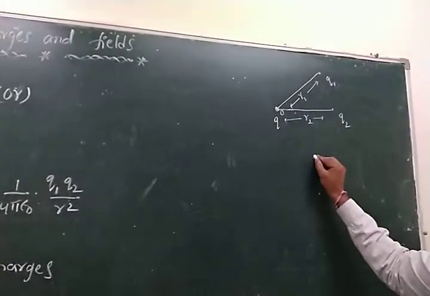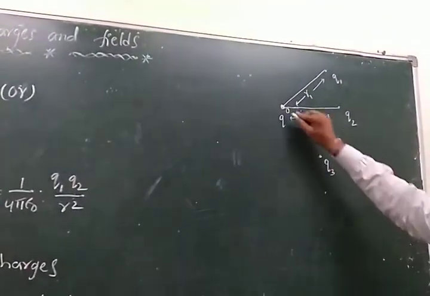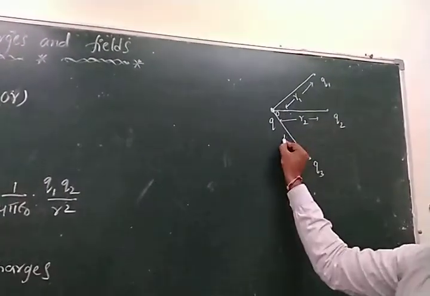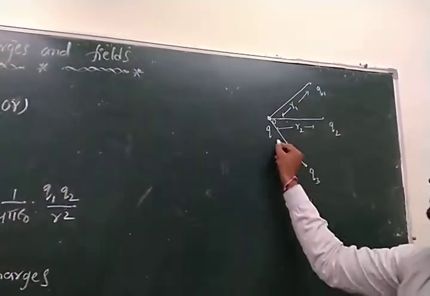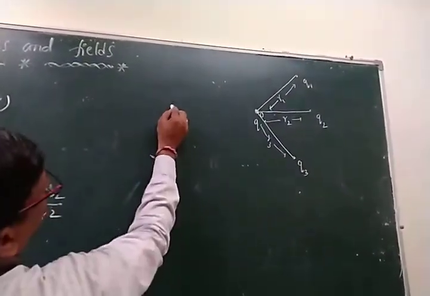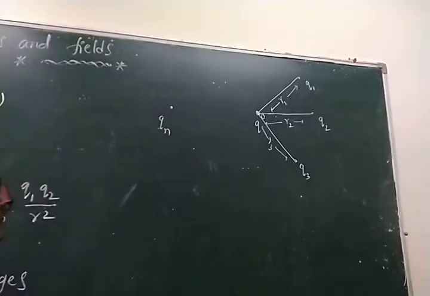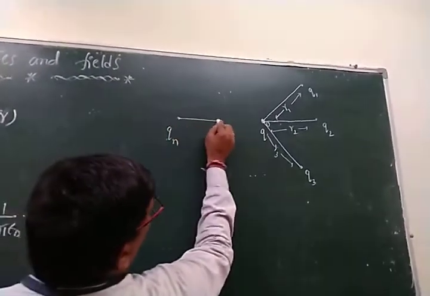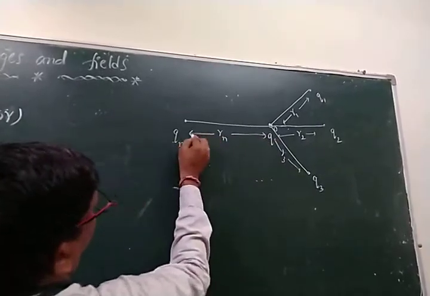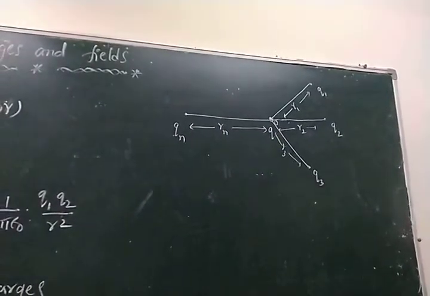And here is the Q3 charge, the distance is R3, and so on up to the Qn charge, whose distance is Rn.